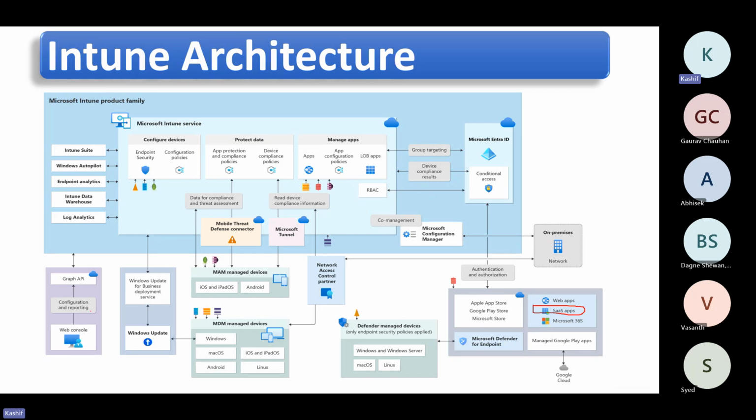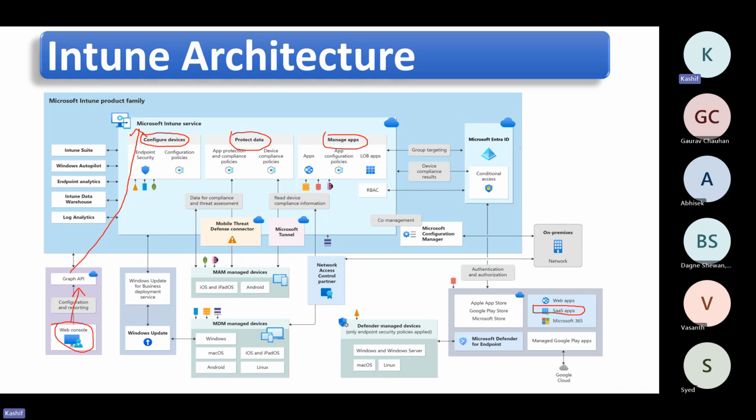So you basically get what? A web console. When you create your Intune subscription, you get a web console, and from there you connect to Graph API, and Graph API is connected to Intune services in the backend to configure devices, protect data, and manage applications. Okay. Intune has various integrations with the Microsoft ecosystem.